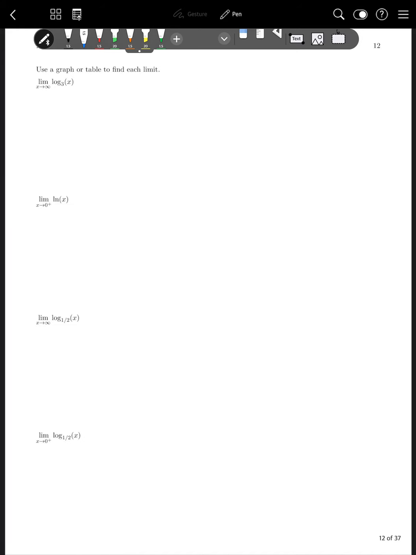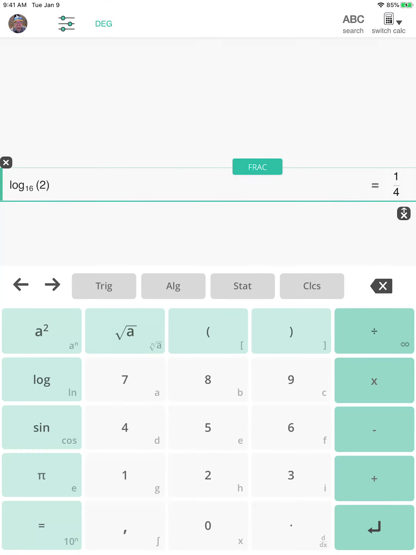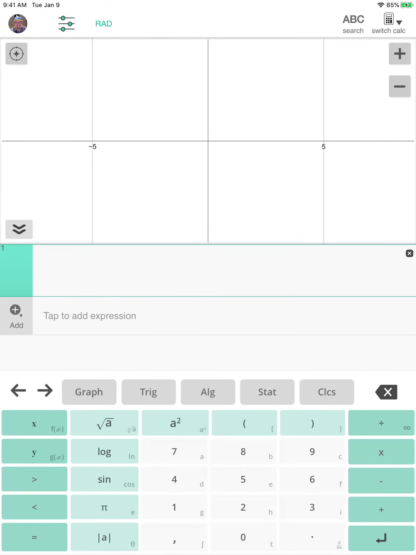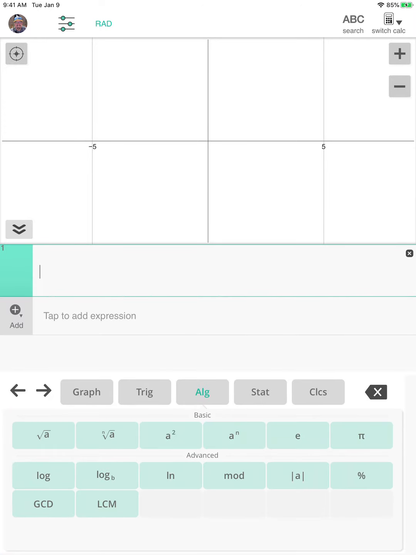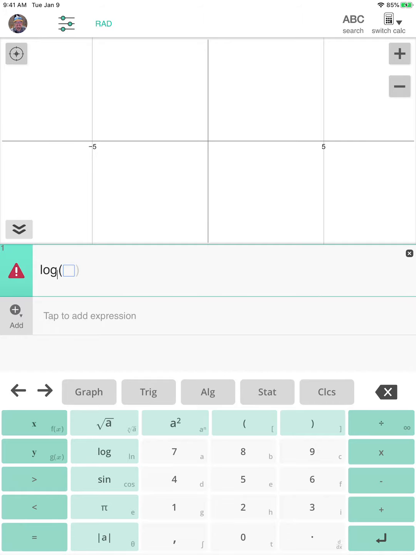Okay, so similar to when we did exponentials, we want to talk about logarithmic limits and graphs and see what these look like. And so if I graph the first log here on my calculator, so we go to the graphing calculator app, and we do log base 3 of x, we can see the function looks like this.